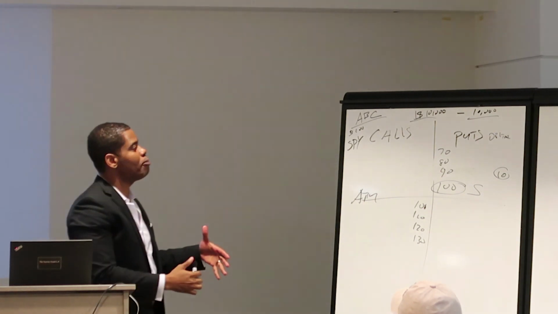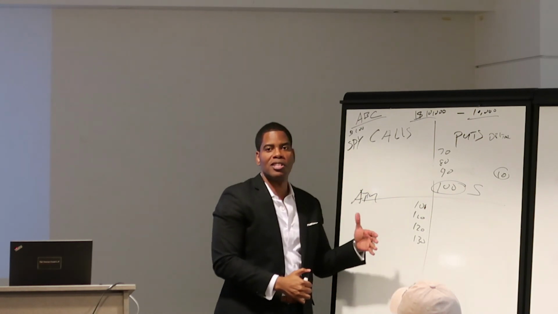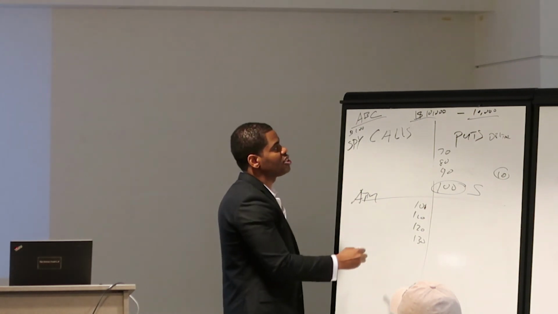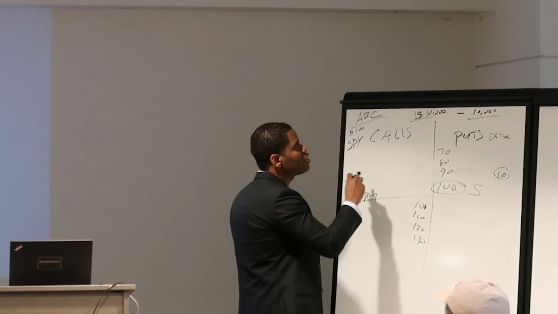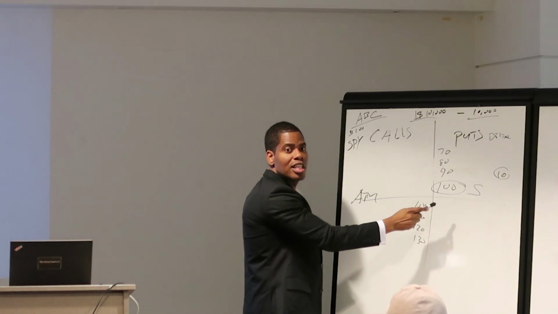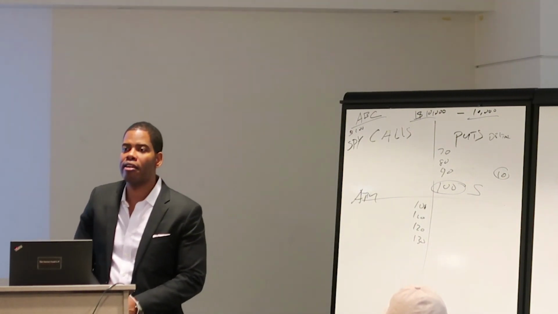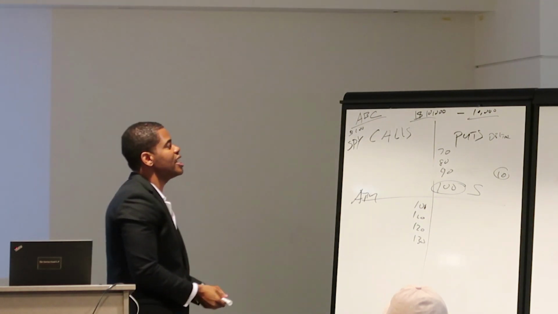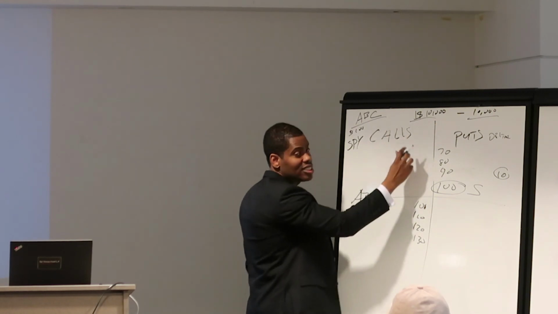If you sell a put, they're going to require you to put up 20 to 30%. So let's say it's 30% of your max loss, right? Your max loss is $10,000 because you're selling at the 100. So they're going to require you to put up $3,000 to be able to do that trade. And that 3,000 can change. It's dynamic. It can change to 10,000 because that's your max loss.